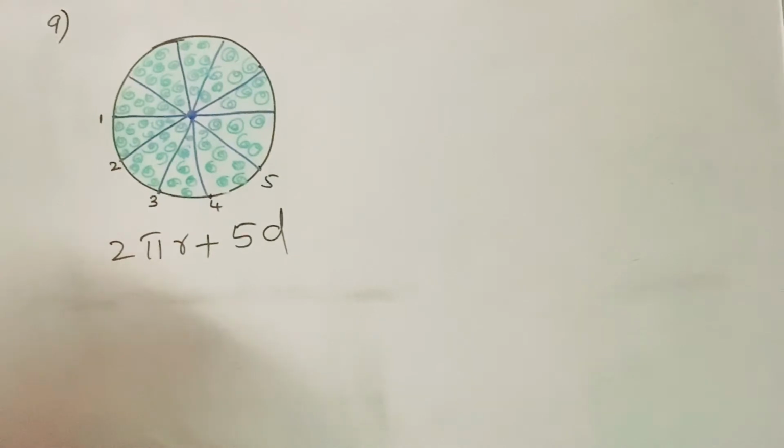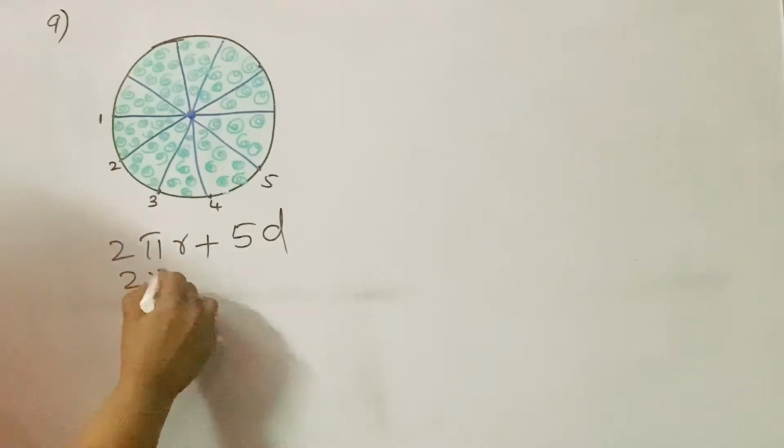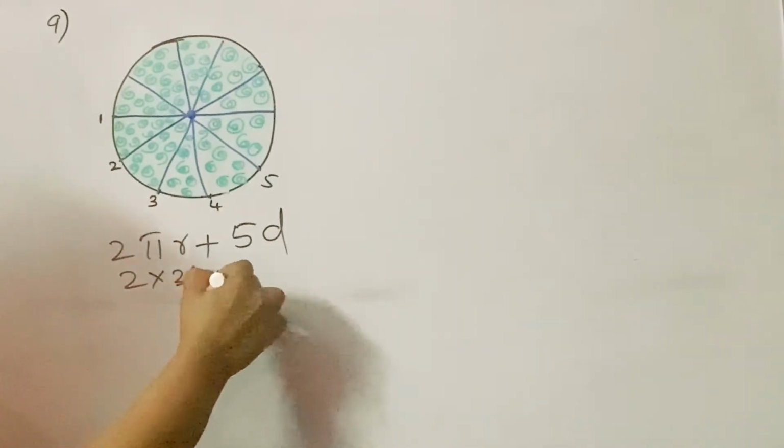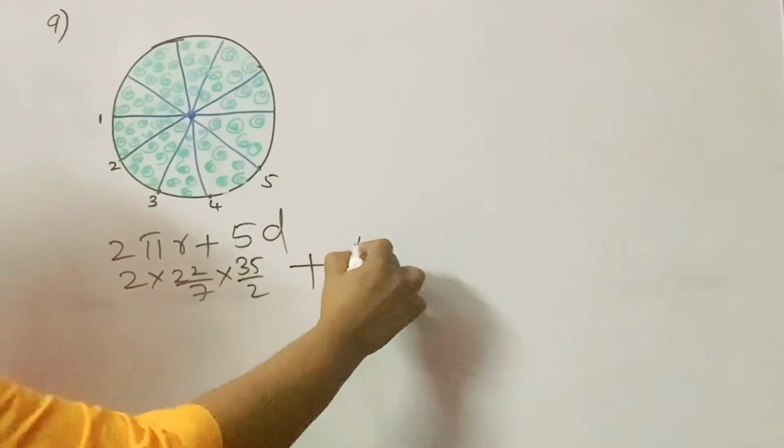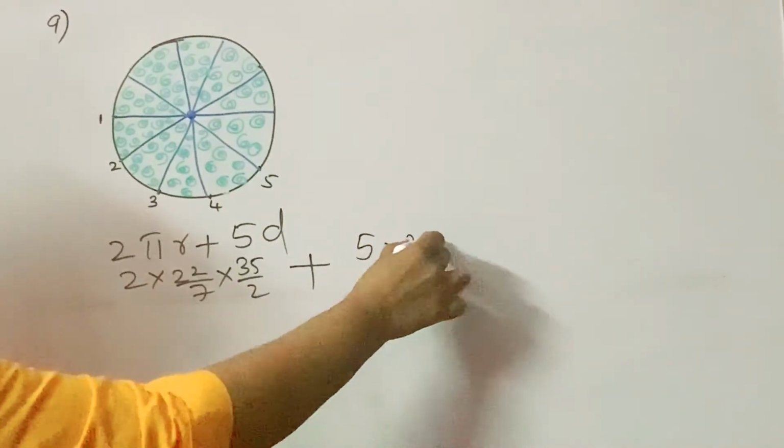Then what is r? The diameter is 35, so the radius is 35 by 2 millimeters. That is 2 into 22 by 7 into 35 by 2 plus 5 into 35.